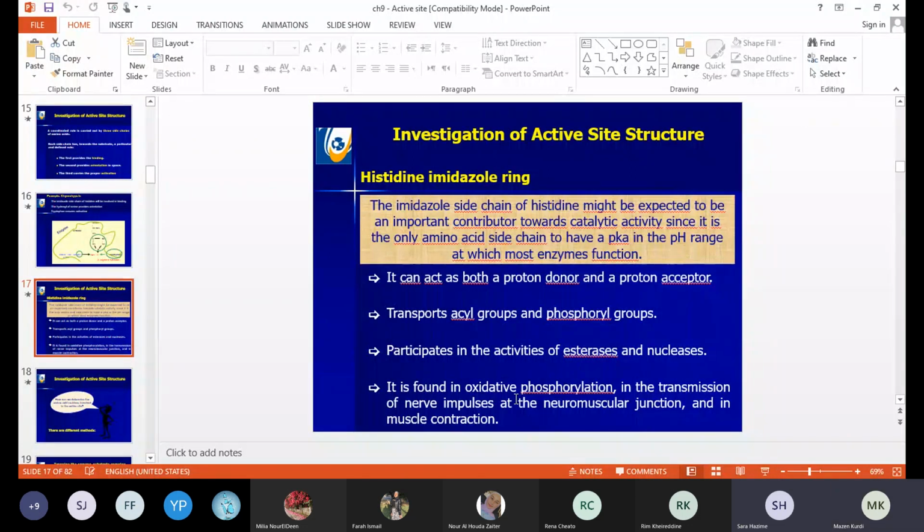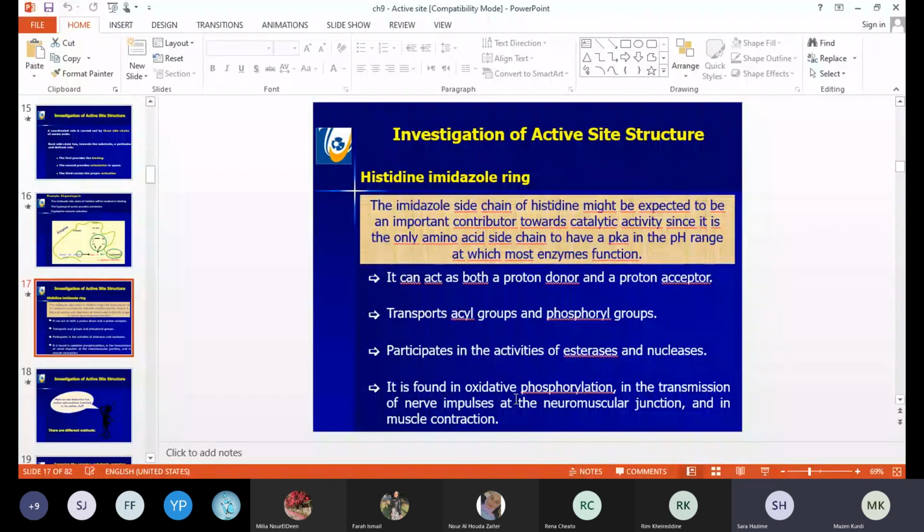This is very important because the imidazole side chain of histidine might be expected to be an important contributor towards the catalytic activity, since it's the only amino acid side chain to have a pK in the pH range at which most enzymes function.